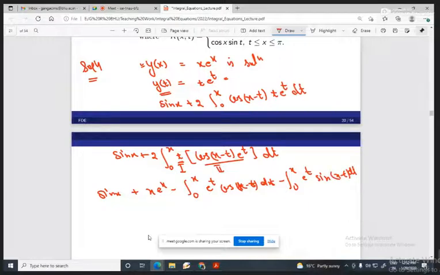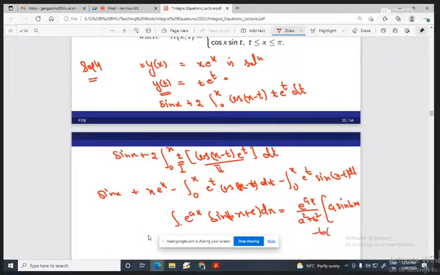And apply this rule. We have a rule: the integral of e^(ax) sin(bx + c) dx is equal to e^(ax) upon a squared plus b squared, times a sin(bx + c) minus b cos(bx + c). This is a part of the integral formula.